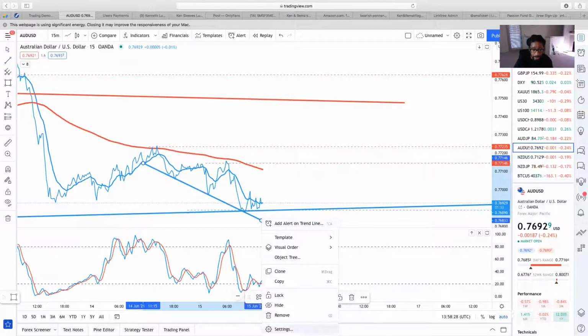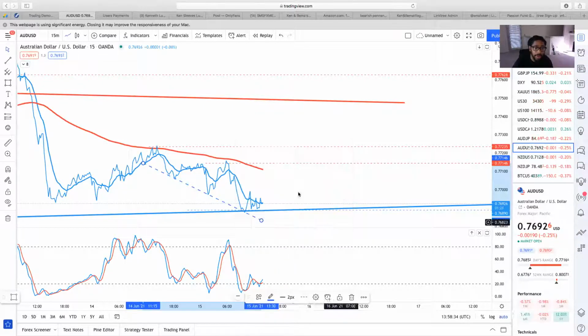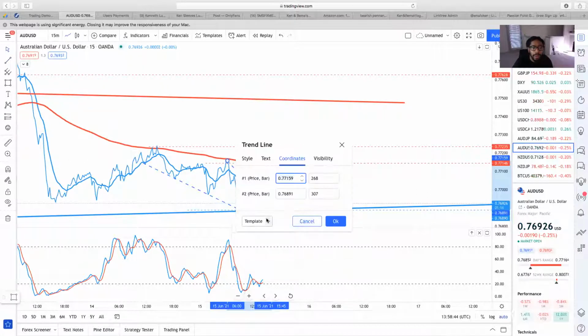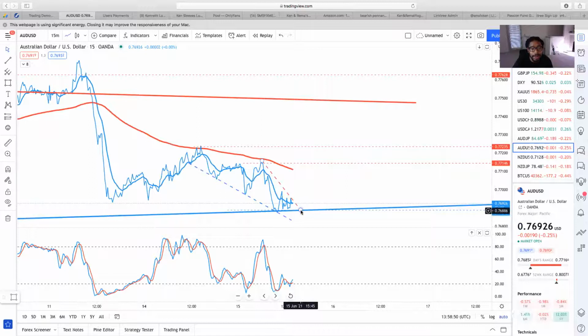Now I could turn this one into a buy limit trend. Right. And then we've got this area. I will go and put settings, and I will put a sell limit trend. Right, so it's not too messy, but I can understand what's going on.